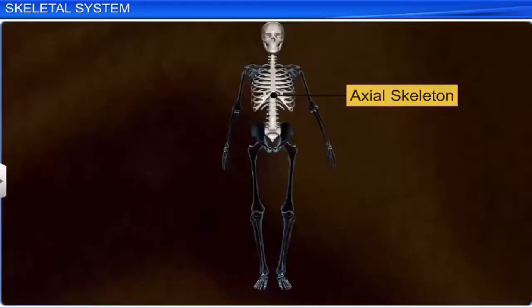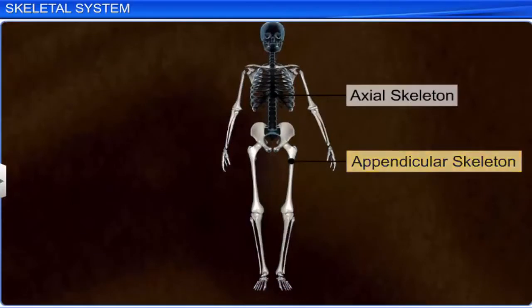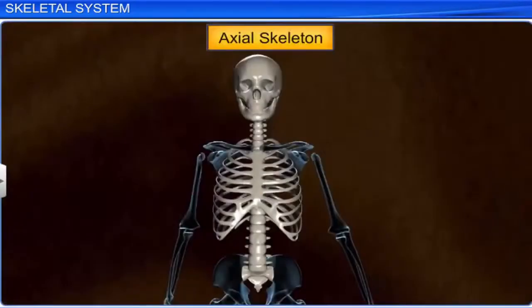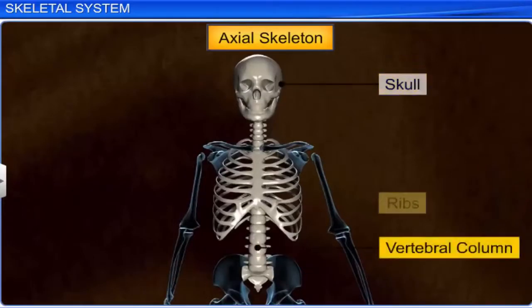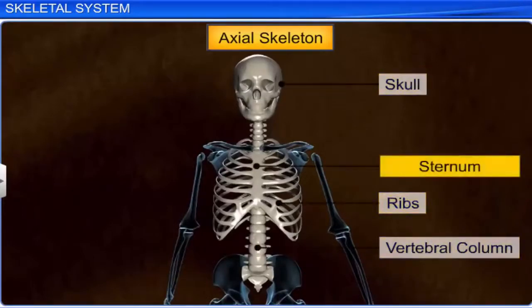The axial skeleton includes the basic central framework of our body, while the appendicular skeleton includes the bones of the limbs and their supporting girdles. The axial skeleton consists of 80 bones, which include the skull, vertebral column, ribs, and sternum.